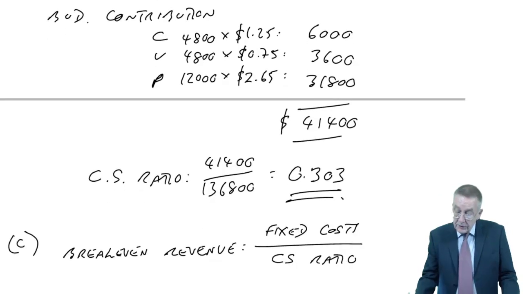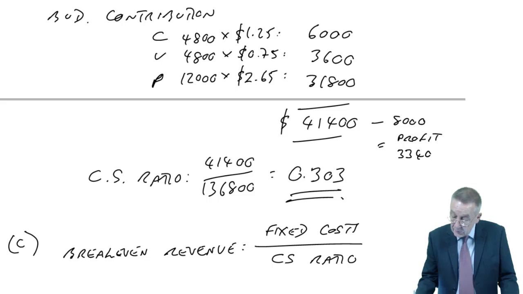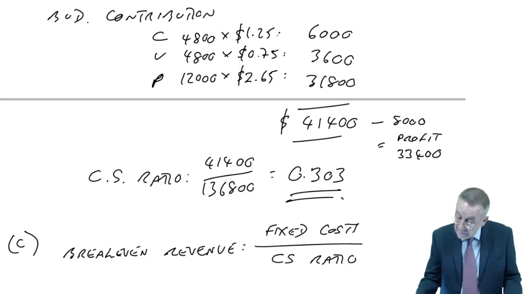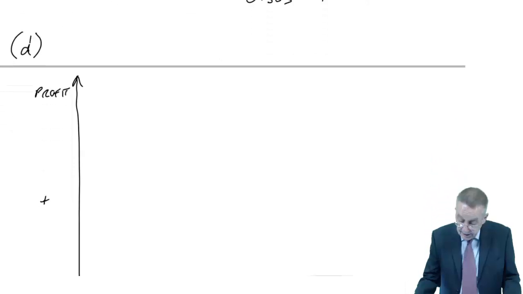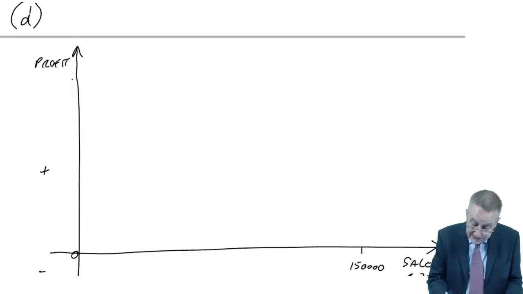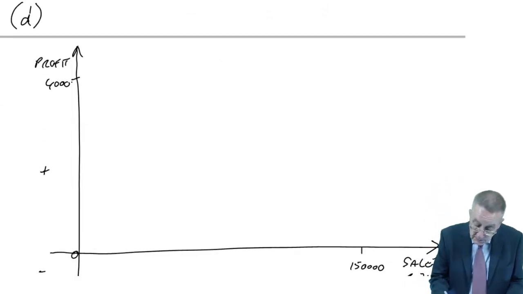The budget contribution was 41.4, but remember there are fixed costs of 8,000, so the budgeted profit would be 41.4 less 8,000, which is 33,400. I hope I'm right. And so, let's have that scale go up to 40,000.